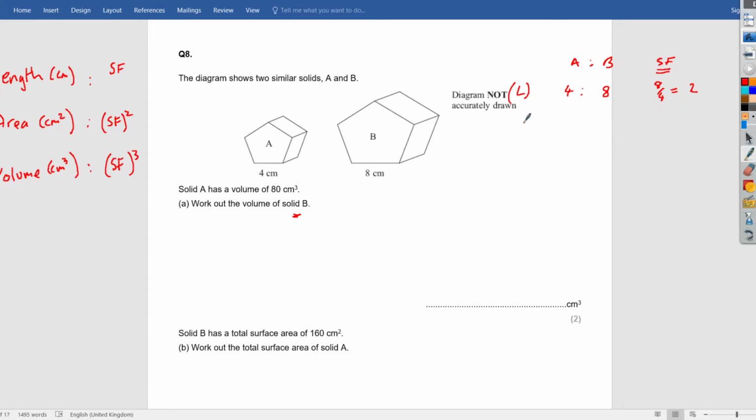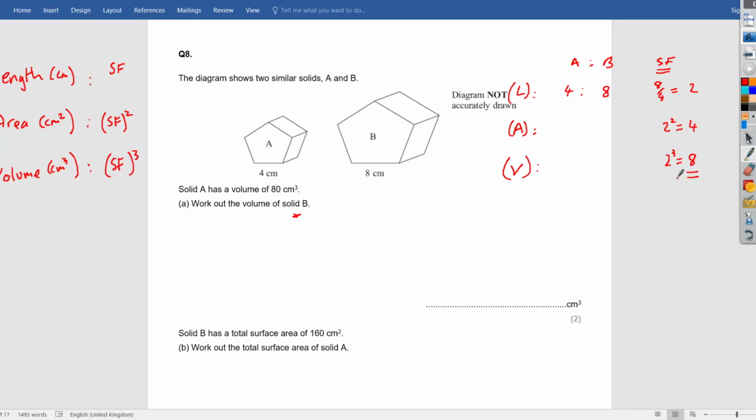So already I know that if I was looking at area, my scale factor will be squared, which will give me 4. So the bigger shape will be 4 times bigger than the smaller. And if I'm looking at volume, V for volume, my scale factor 2 is going to be cubed. So 2 cubed, 2 times 2 is 4, times 2 is 8.